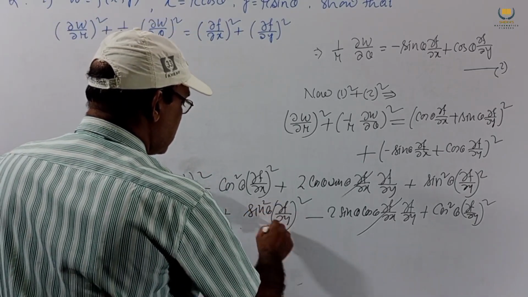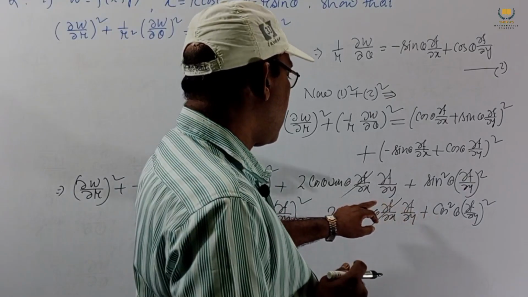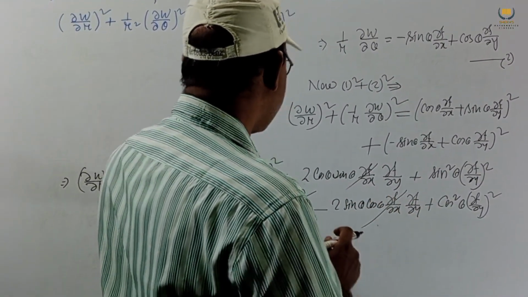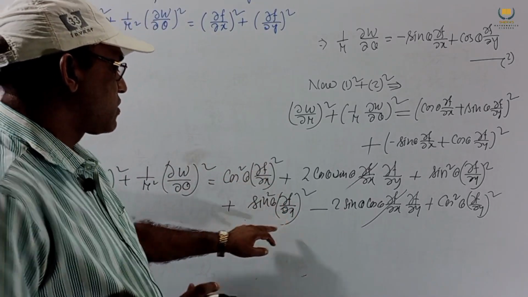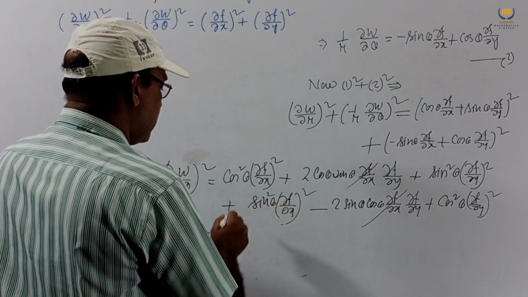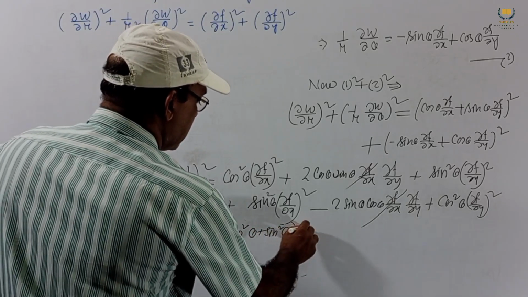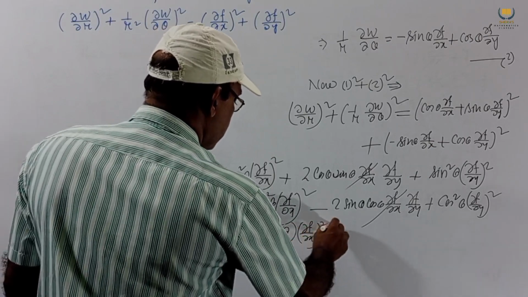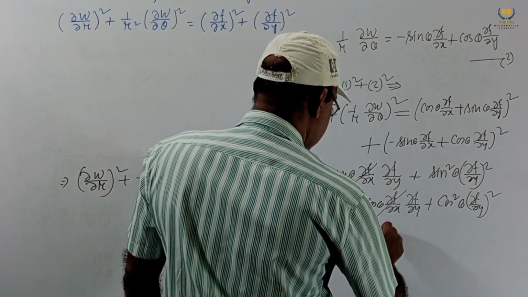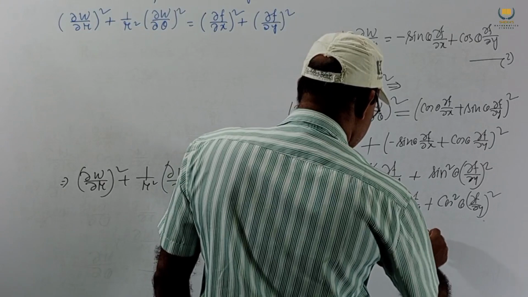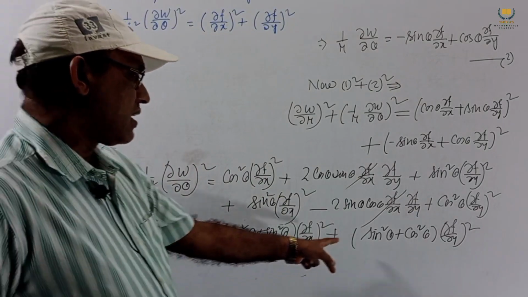From these two, ∂f/∂x common we consider, then we get (cos²θ + sin²θ)(∂f/∂x)², and from these two, (∂f/∂y)² common, (sin²θ + cos²θ)(∂f/∂y)², and this is 1, this is 1.